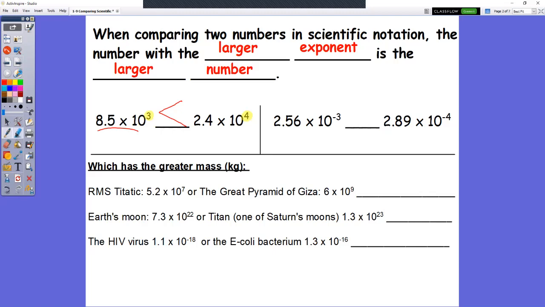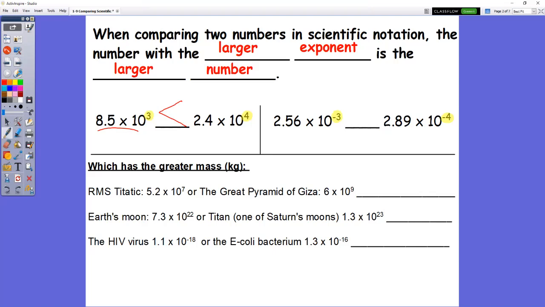Okay? And when dealing with negative exponents, we actually want the one that looks smaller, because -3 is actually a bigger exponent than -4, because -3 is closer to 0.